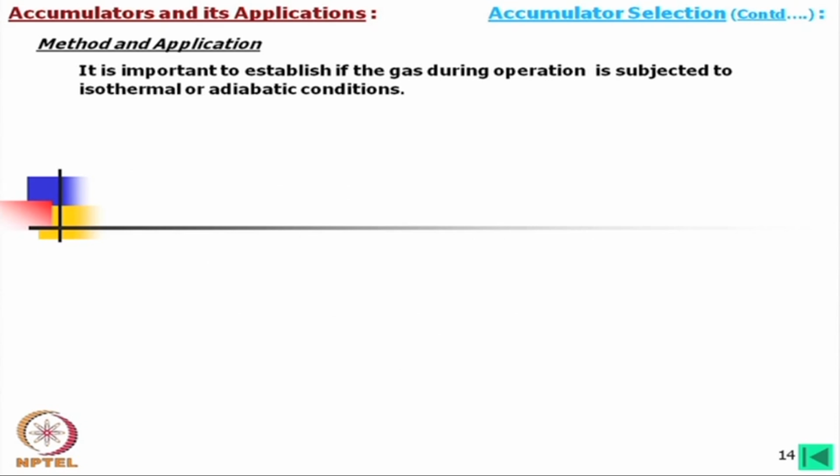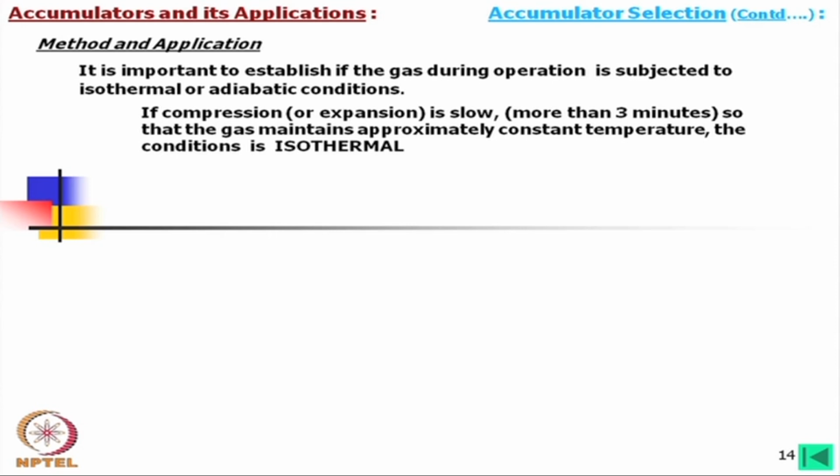Now, we have to look into the method and application. It is important to establish if the gas during operation is subjected to isothermal or adiabatic condition. Now, this is a thermal consideration we must make for accumulator selection.